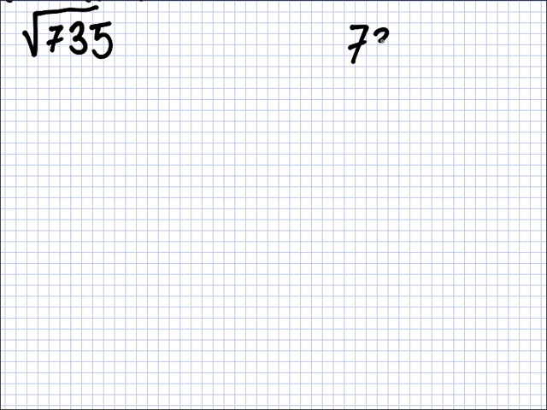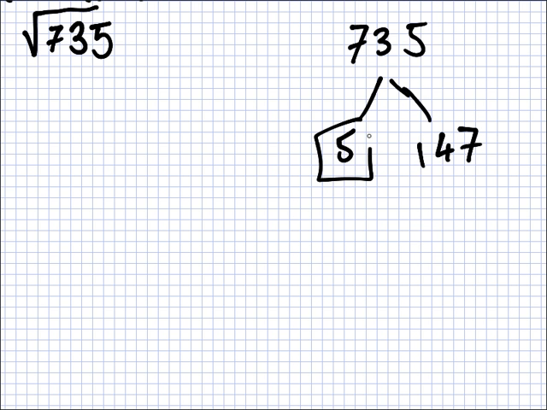So 735 is going to be 21 and 5. Is that right? No, I have that wrong, do I? 3 and 245. You went with 3 first. Yeah, if I went with 5. Yeah. Oh, sorry, yeah. 5 and 147. 5 is finished. 49 and 3.